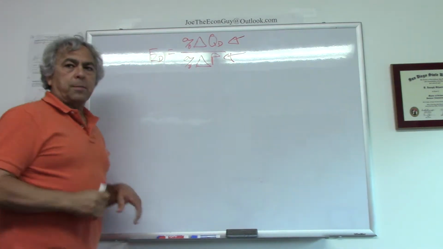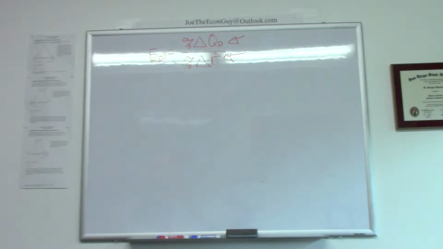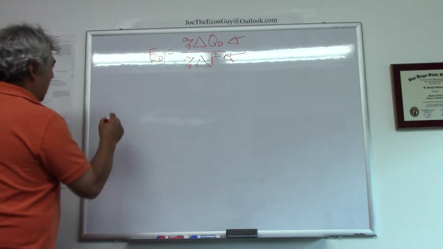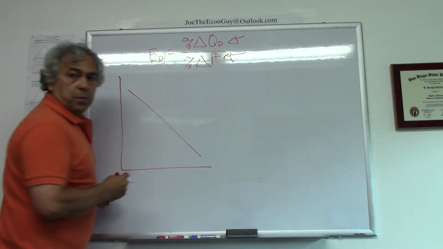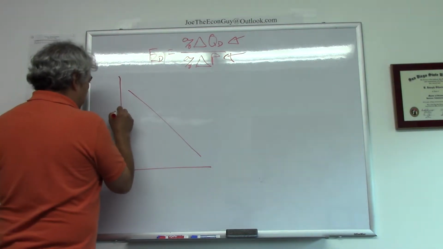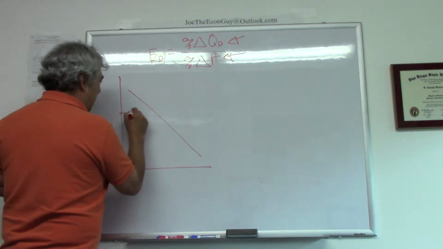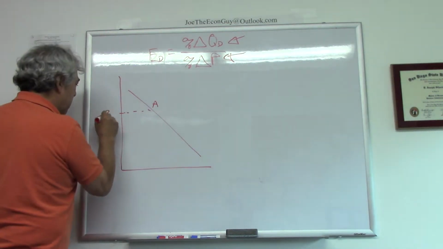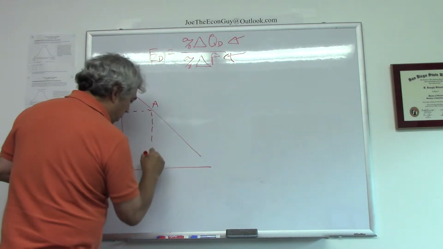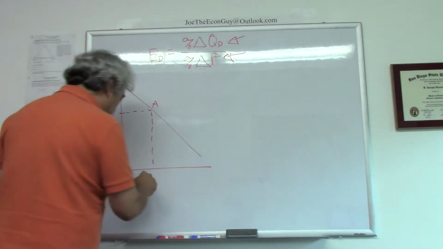So what I'm going to do is go over to the example that I'm using here, which is on slide 6. And on slide 6 we've got a graph. We've got a downward sloping demand curve, and what we're representing for point A over here has a price of 30 and a quantity of 10,000.